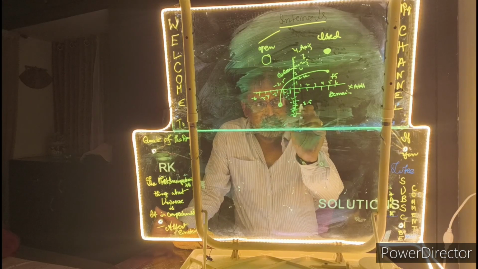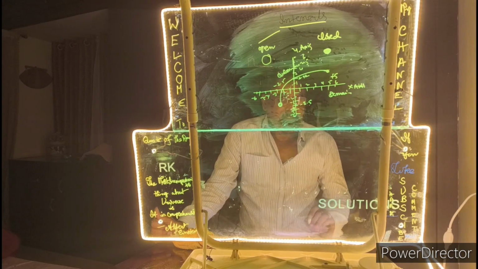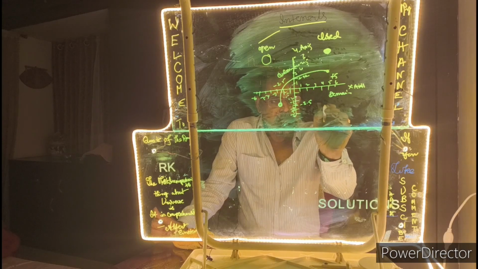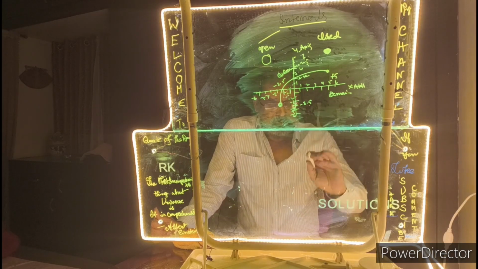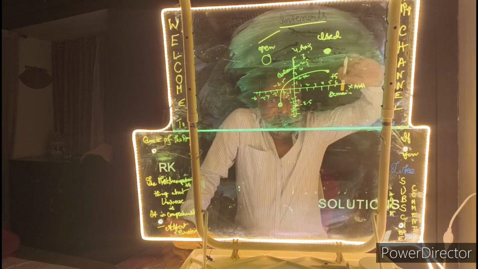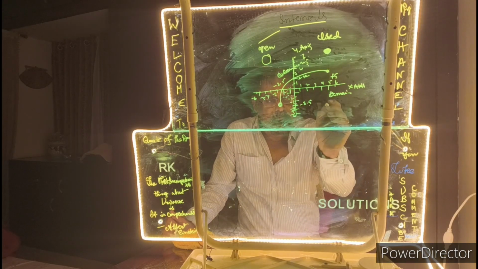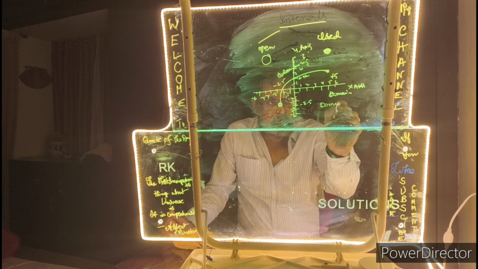X cannot take 3.5. How can x be expressed as an inequality? What do you call range? No, not range. We would say domain of definition.